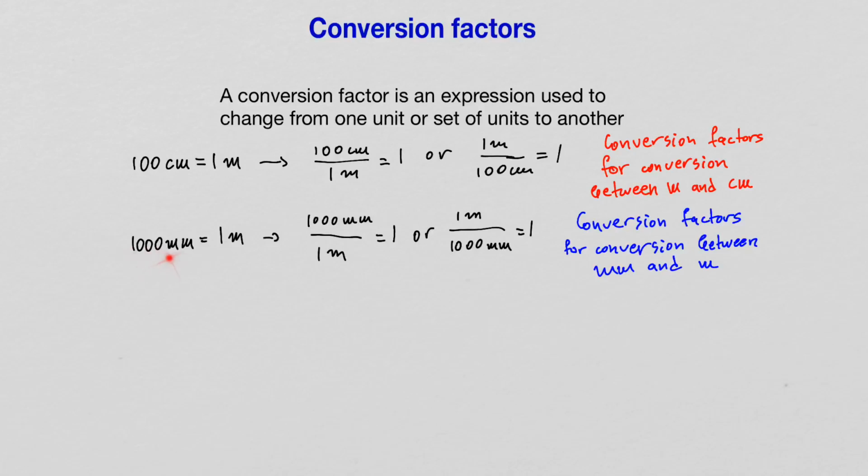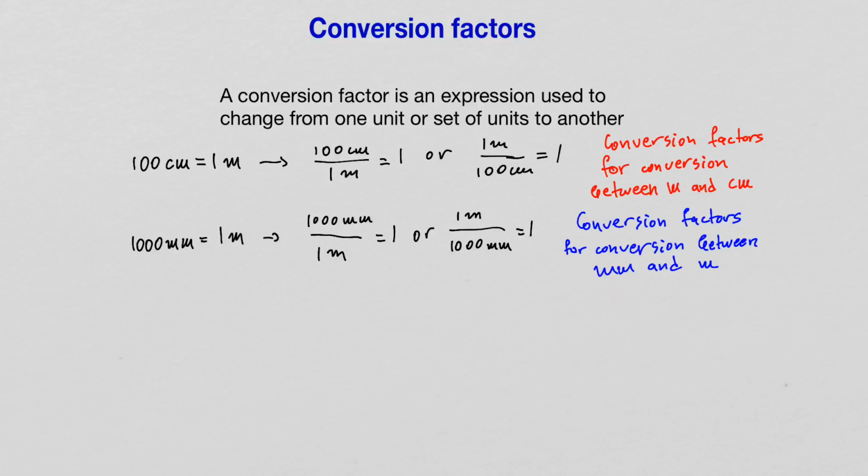We know that 1,000 millimeters is equal to 1 meter, so if I create the ratio 1,000 millimeters divided by 1 meter, that will be equal to 1. And I can also flip the ratio to get 1 meter divided by 1,000 millimeters, that's also equal to 1. So those two conversion factors convert between millimeters and meters.